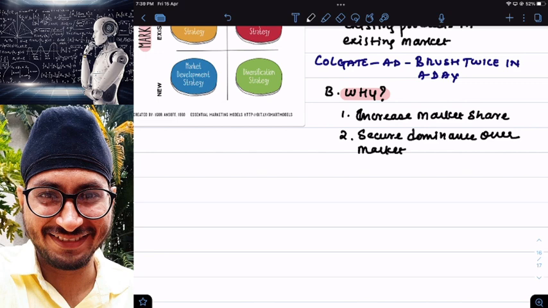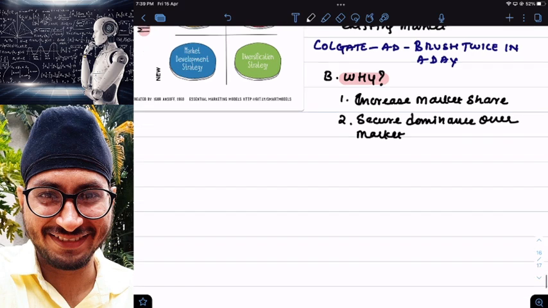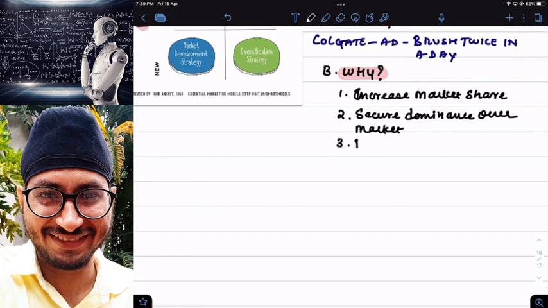For which my sales should increase, their sales should decrease. How will sales increase? Example of Colgate, right? That is why we can also say drive out. I want to drive out or throw out competitors from market.